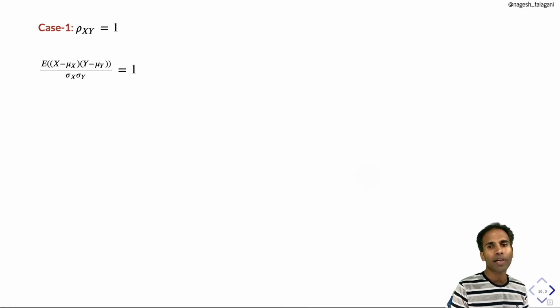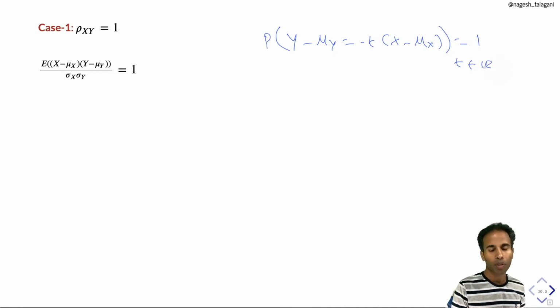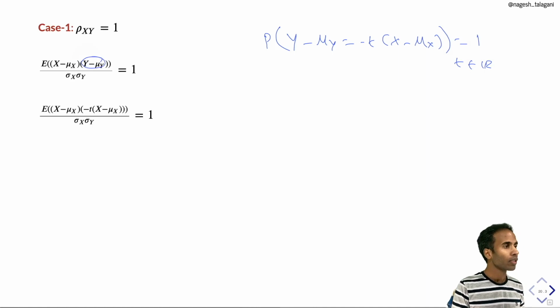In the above slide, I mentioned that this rho XY takes extreme values minus 1 or 1 only when Y minus mu Y equals minus t of (X minus mu X) with probability 1 for some t belongs to R, right? Let's figure out what this t is. So what I'm going to do, I'm going to substitute Y minus mu Y equal to minus t of (X minus mu X) here. Okay, so we have this.